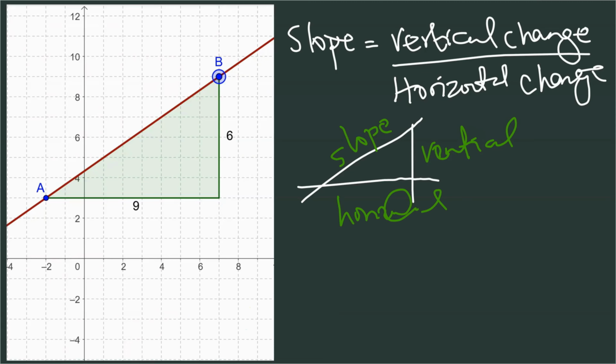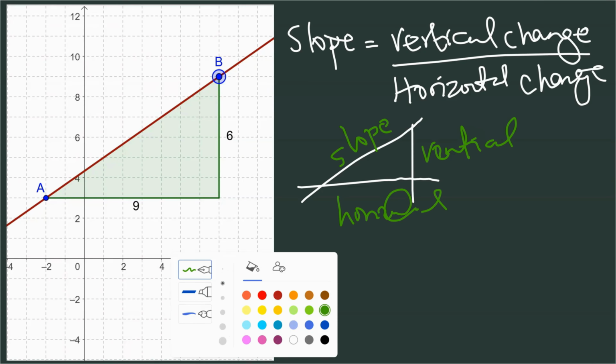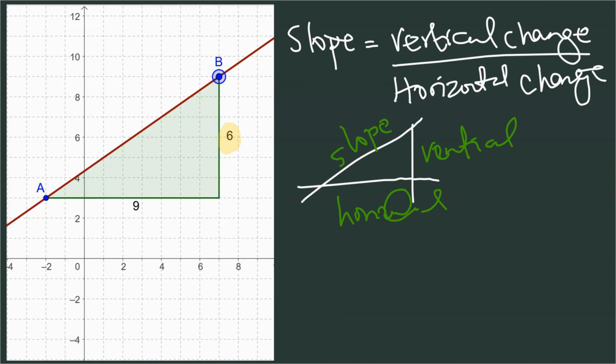Now, as you can see in our graph, our vertical is 6 and our horizontal is 9.